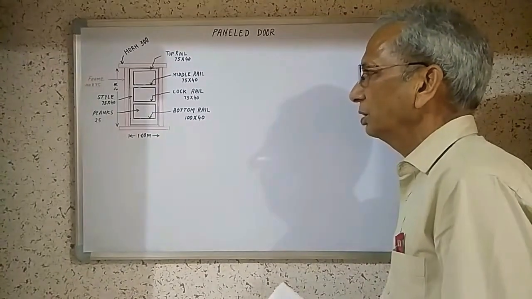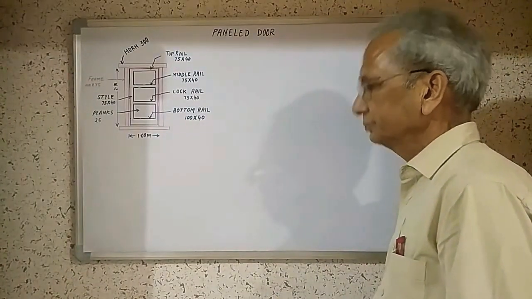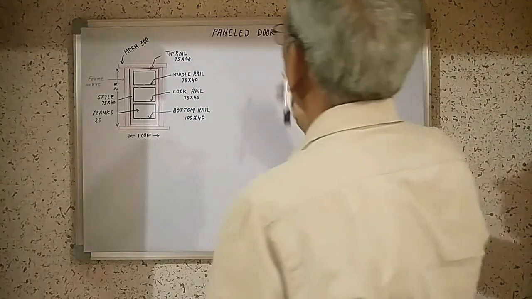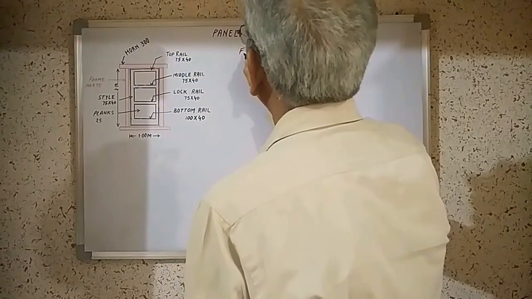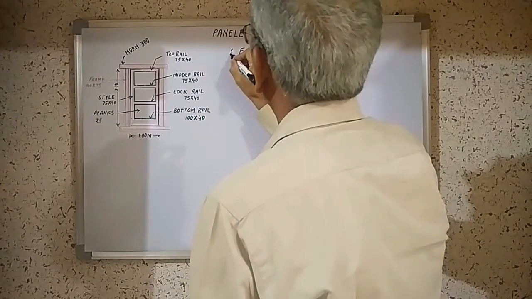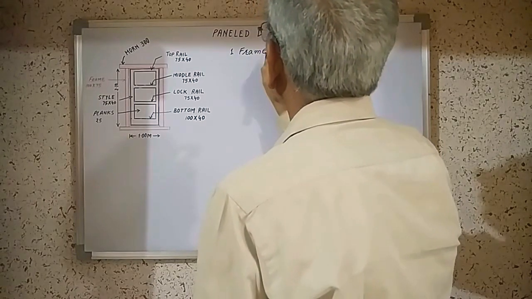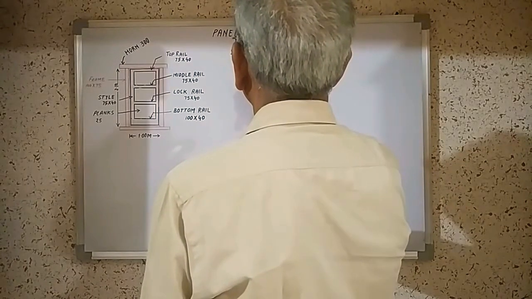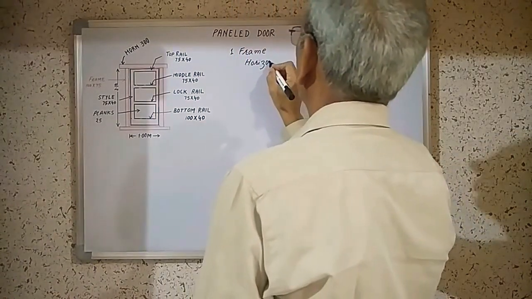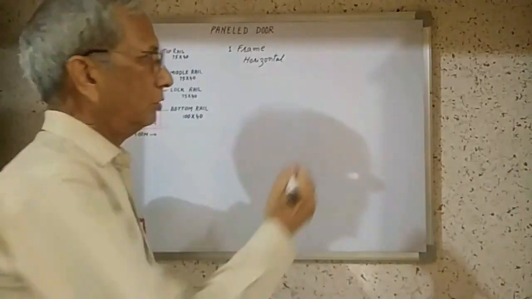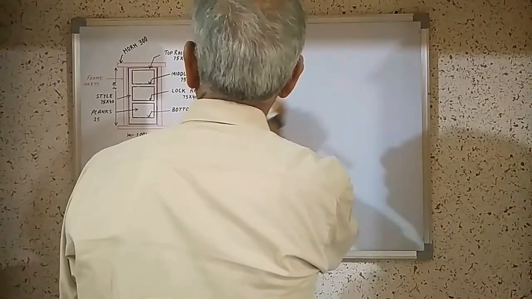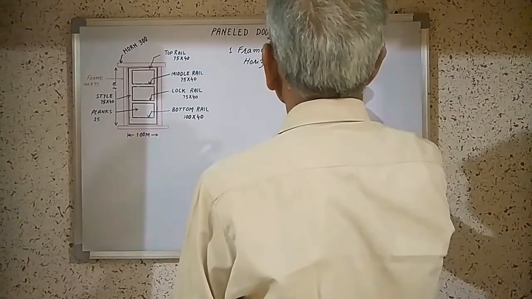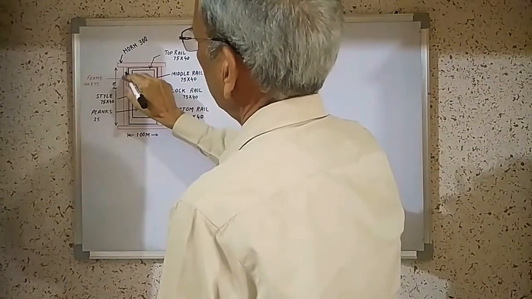Now we will do the calculation. First we will calculate the frame. Here first the horizontal member. Horizontal is equal to this internal dimension 1 meter plus this thickness of the frame.